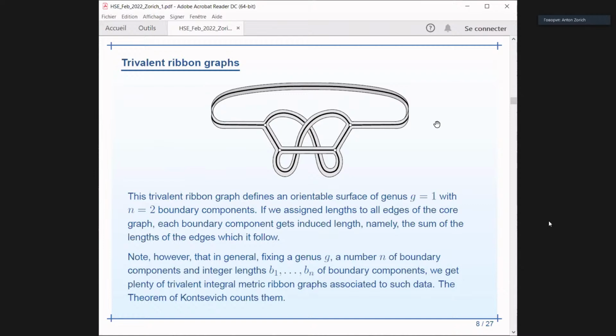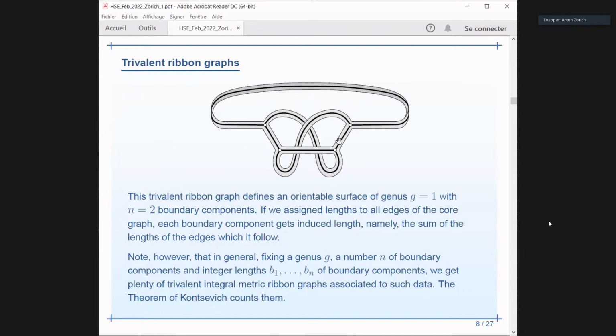So now I assume that all the edges have length. And moreover, I assume that these lengths are positive integers. So as soon as every edge is attributed some length, then we get length for boundary components also, because when we have a boundary component which follows the edge, this edge contributes its length to the length of the boundary component.